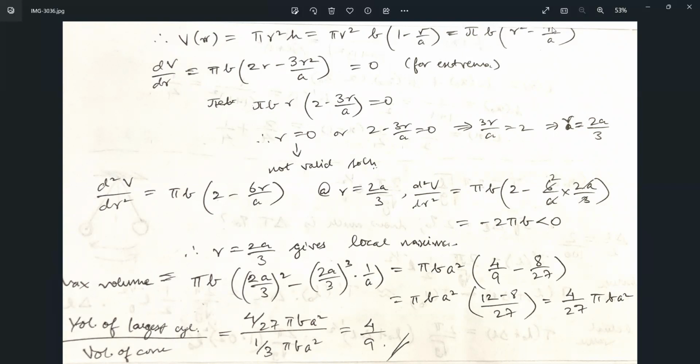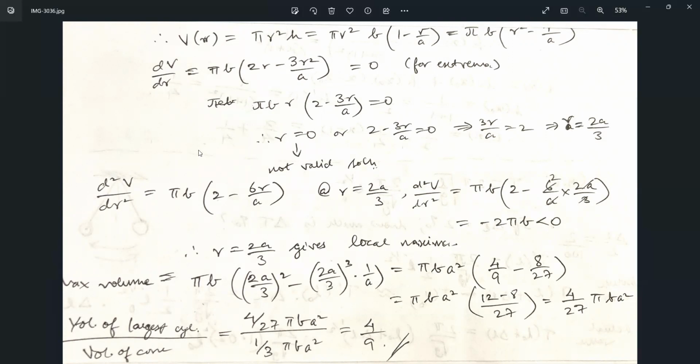We differentiate R cube, we get 3R square by A. For the extremum, we have to solve this quadratic equation: R into 2 minus 3R by A equal to 0. Now either R is equal to 0 or this expression holds true. Now radius of the cylinder cannot be 0, so we have to discard this solution. So when I solve for this equation, what I have is R equal to 2A by 3. R, the radius of the cylinder, is 2A by 3.